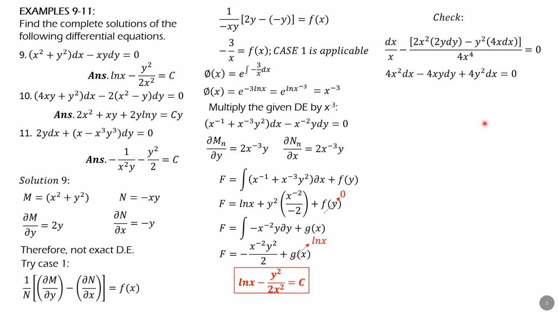And that is the original differential equation. So after we divide by 4, we factor out dx: x squared plus y squared dx minus xy dy equals 0. This is the original differential equation, so that means this is correct.